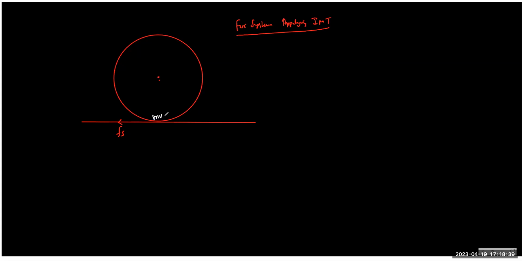So for the system, what is the initial momentum? MV naught. At the maximum point, they have taken the same velocity for the block and the center of mass. So the initial momentum minus impulse of friction equals the final momentum, which is 2 MV, right? Yes.